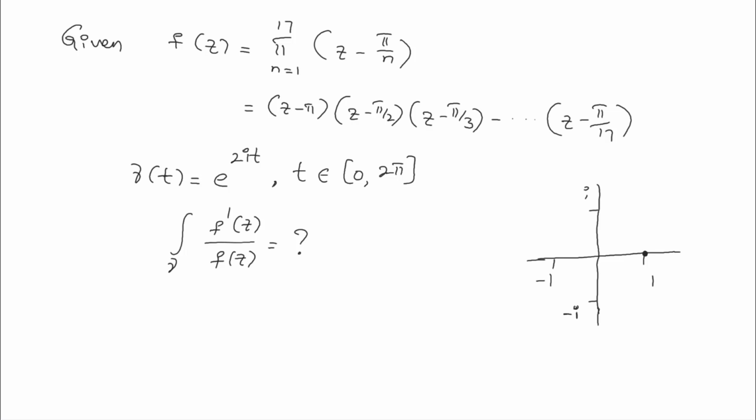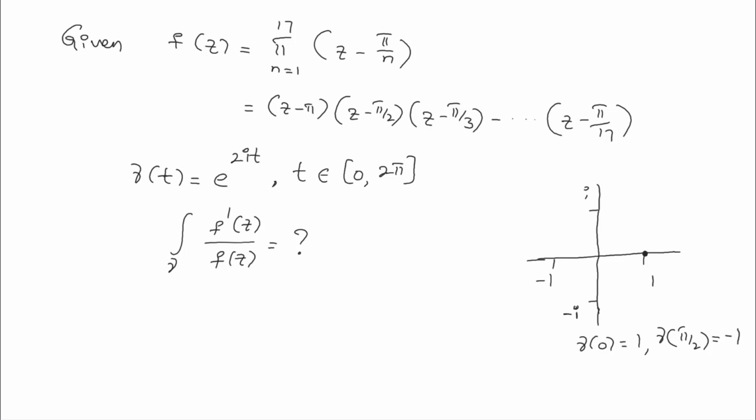At t equal to pi by 2, we get gamma of pi by 2 as e to the power of pi I, that is minus 1. So gamma of 0 equals 1 and gamma of pi by 2 equals minus 1.